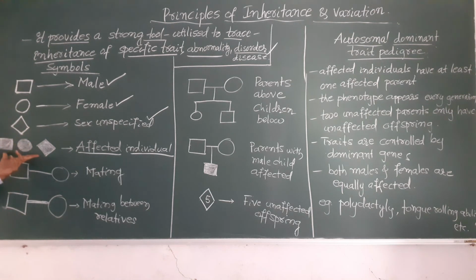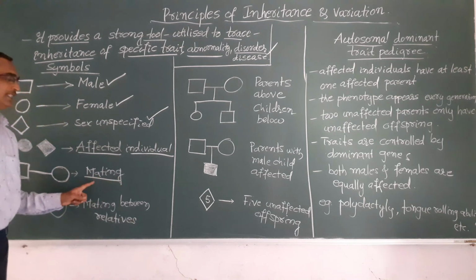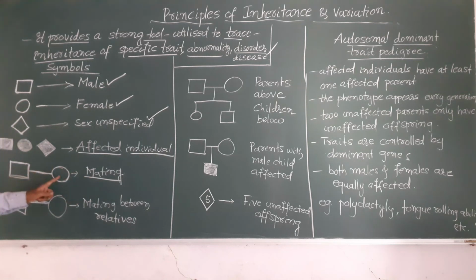Next you see here this is male and this is female, and they are joined by a line, and this denotes mating, that is the sexual act between a male and a female.